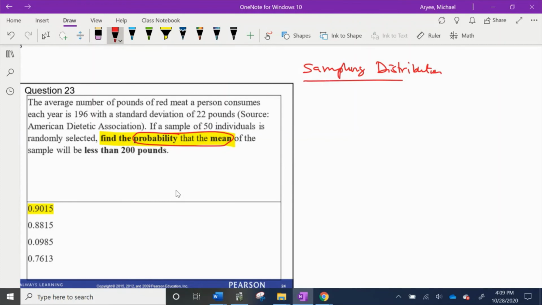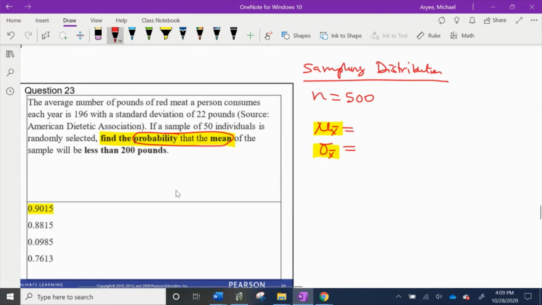In all sampling distribution questions, they're going to give you some n. For example, here they took 50 people. Now you need your mu x bar, and you need your sigma x bar. In the sampling distribution, these two values are crucial.